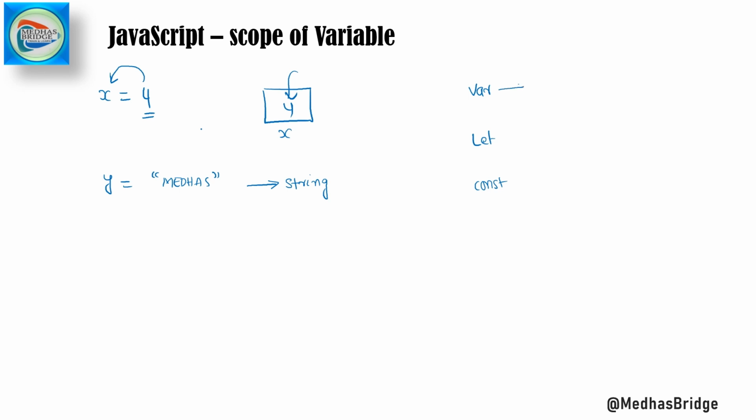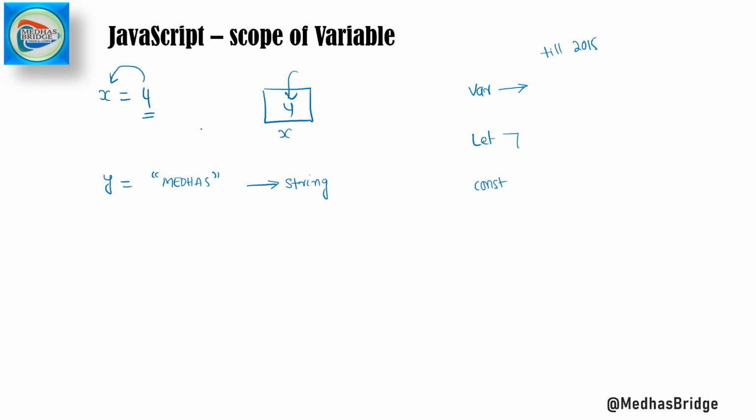Older browsers, up till 2015, support only var for this type of variable declaration in JavaScript. Let and const were introduced after 2015.